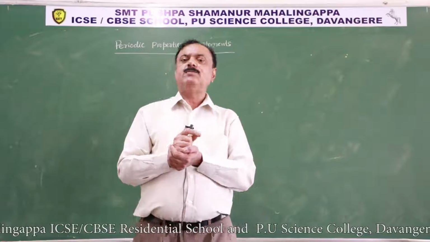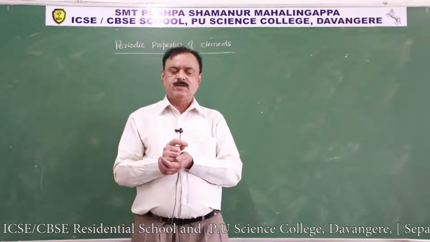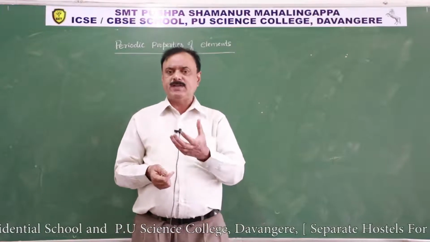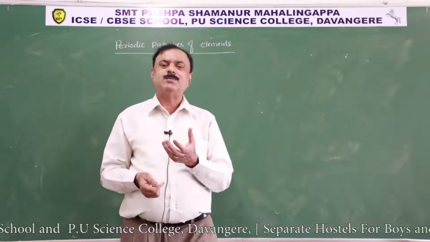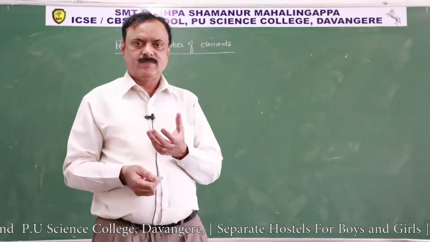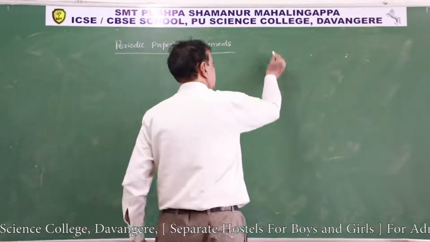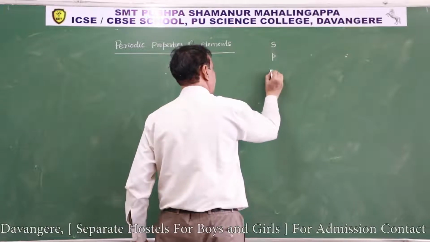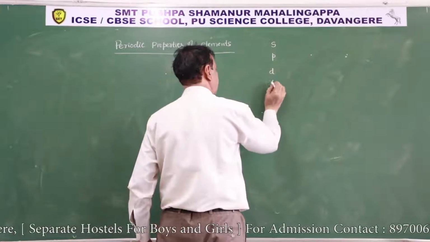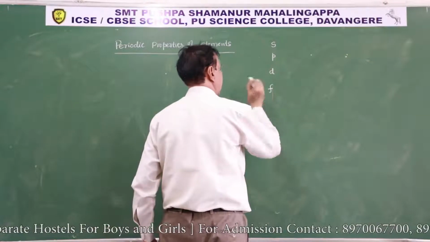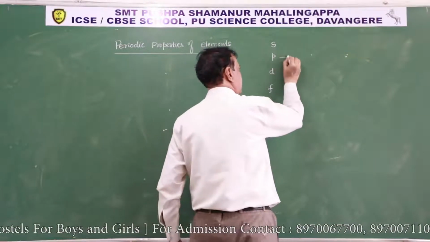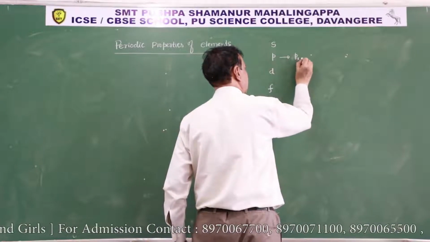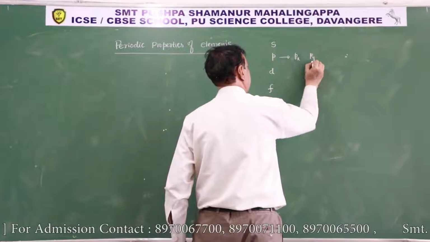Now what do you mean by atomic orbital? Orbit and orbital. Orbital is a three-dimensional space where we can observe the maximum probability of the electrons. There are 4 atomic orbitals: S, P, D and F. The P atomic orbitals are further classified into Px, Py and Pz.